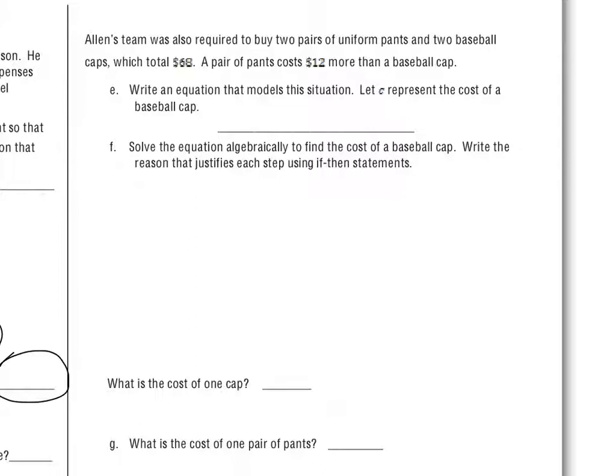You can have C be the cost of the baseball cap, and you can represent the cost of the pants in terms of the cost of the cap. So we know that the cap is C dollars, and if the pants are $12 more, that means the cost of the pants would be C plus 12. So think about that as you're writing your equation.